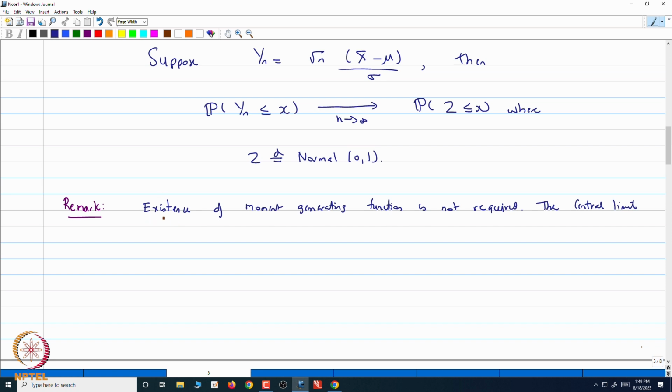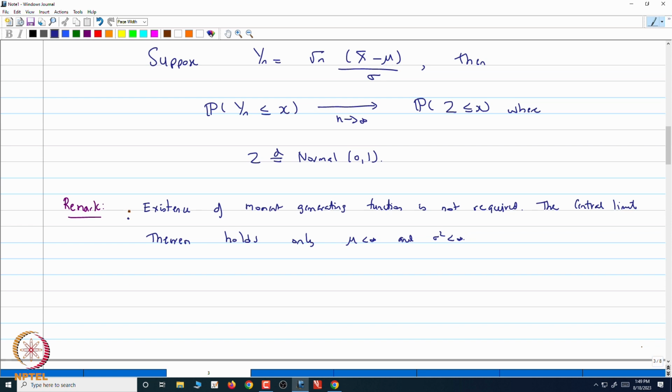It holds with only mu finite and sigma squared finite, but the proof is much more complicated in that case. That's the first remark.